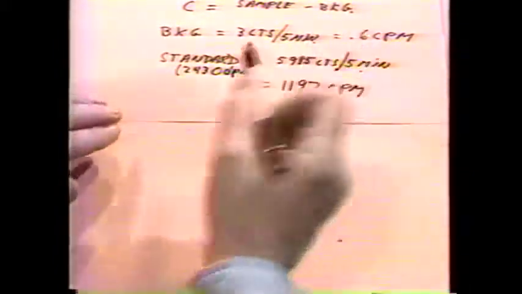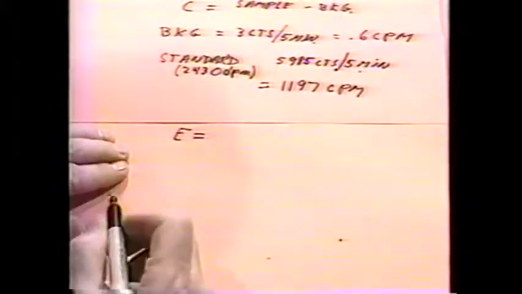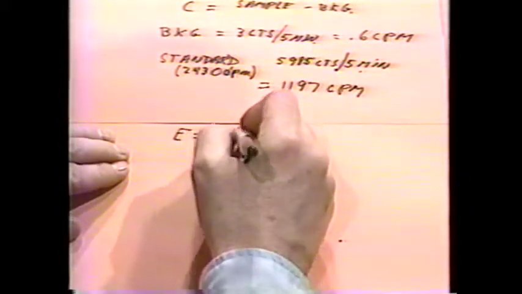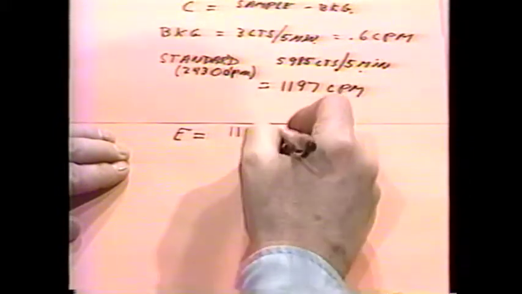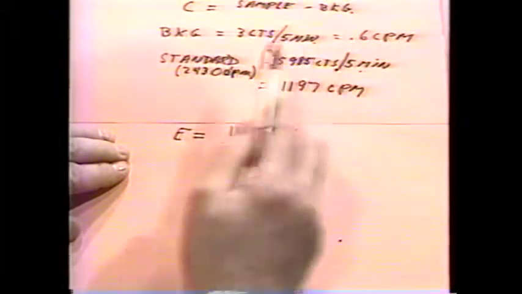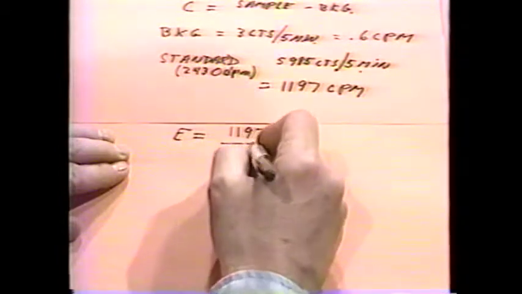We have it. And so the efficiency of this system is going to be 1197 minus that 0.6, divided by the total number of decays per minute of the standard, 2430.